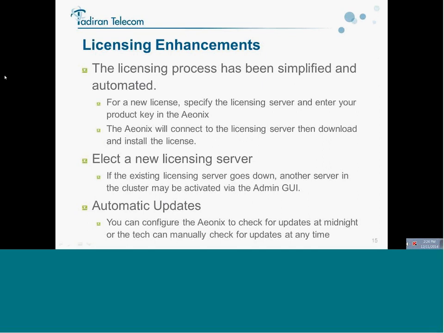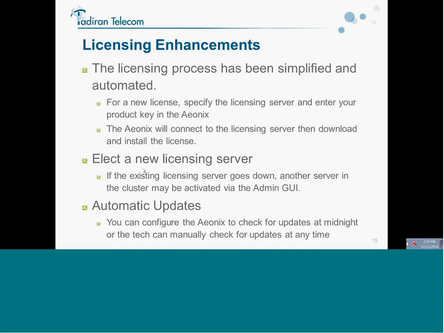Another option that we now have for licensing is that you can elect a new licensing server. Let's say you have a clustered system with multiple servers, and one of those servers is a licensing server. If the existing licensing server goes down, prior to version 2.4 you just went into a grace period, which would allow your system to continue working.